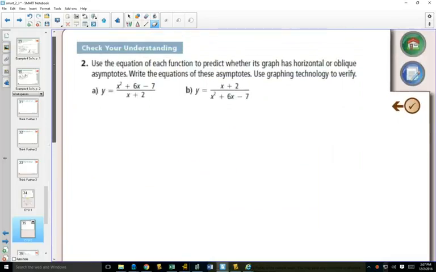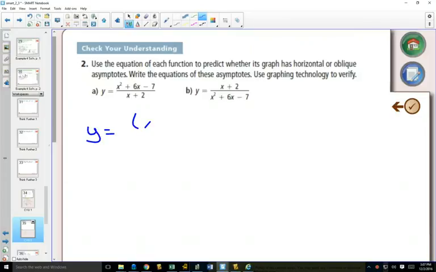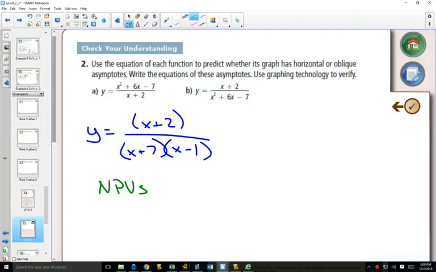Okay, part B. B is the same thing, just flipped. So the nice thing is for factoring, we already know that this is x plus 7, x minus 1. Now our non-permissible values. x can't equal negative 7 and x can't equal 1.